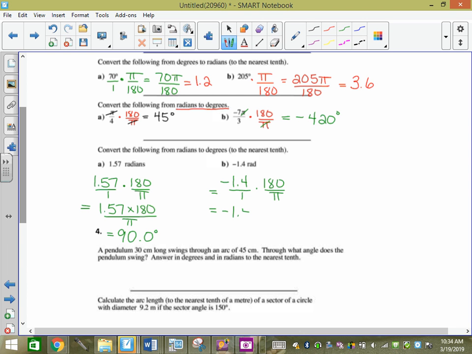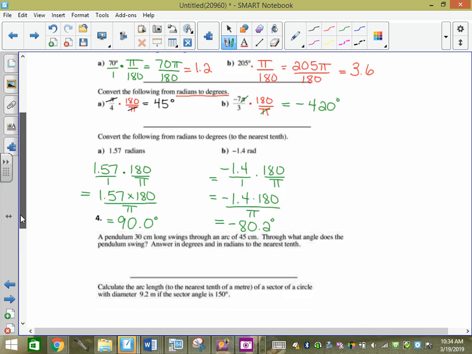Then we get negative 1.4 times 180 divided by pi. And what do we get? Just type it in. Negative 80.2 degrees.